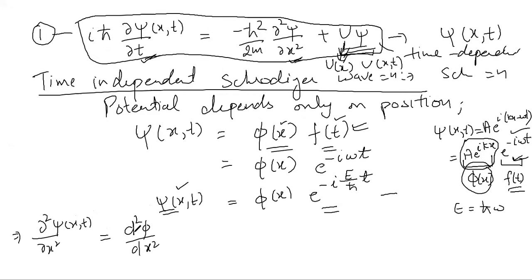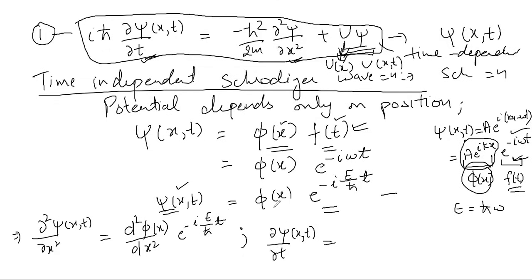I am writing d rather than curly because your phi is a function of x only. There are no other variables involved here, and this term would stay as it is. This would be the second order derivative with respect to position. You also need curly psi by curly t.